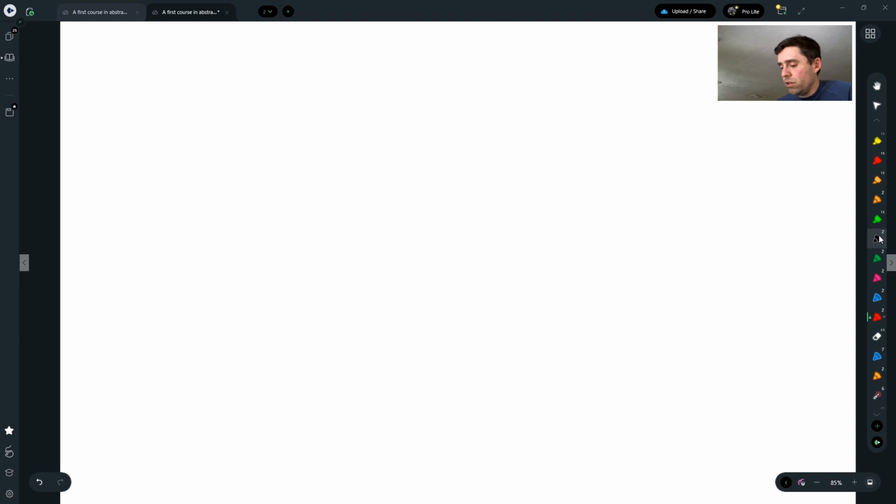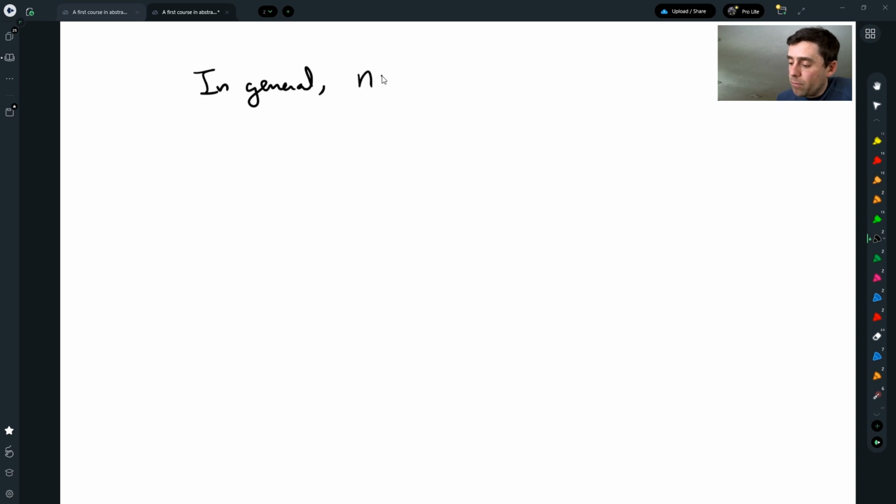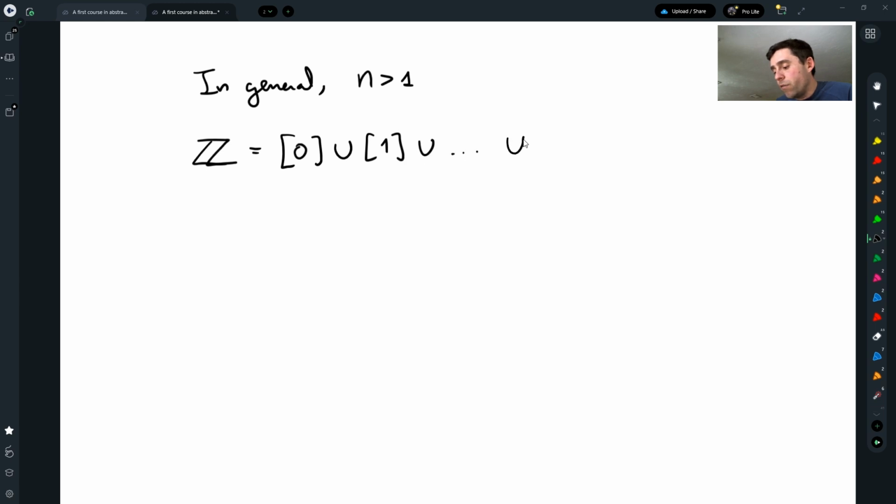So in general, for any n bigger than 1, Z can be broken up into the class of 0 and the class of 1 up to the class of n minus 1. And those completely partition the integers like that.